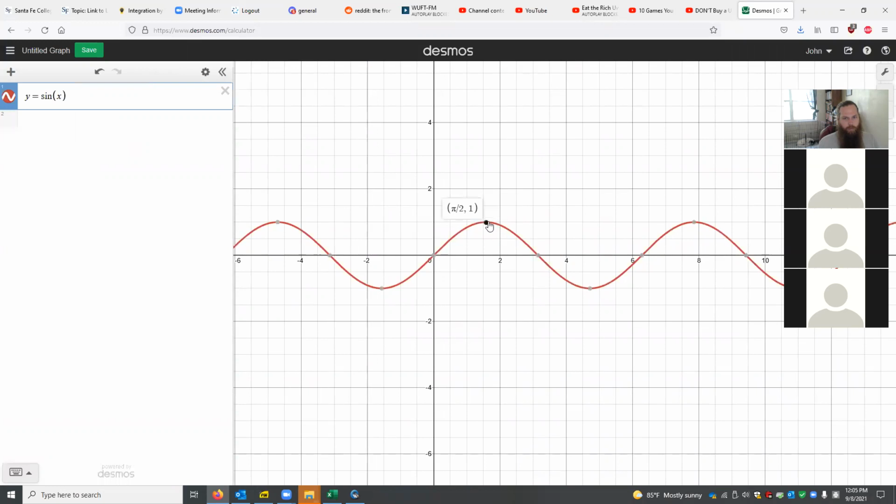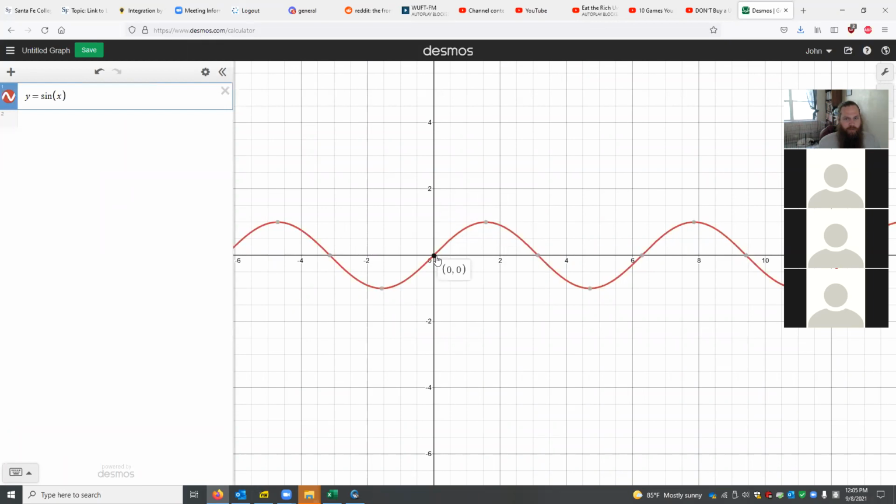What do you think the slope of the tangent line to this graph at pi over 2 could be? Yeah, it looks like it should be 0, right? If you think of the skis moving along the graph here, the skis would be pointing straight horizontally.